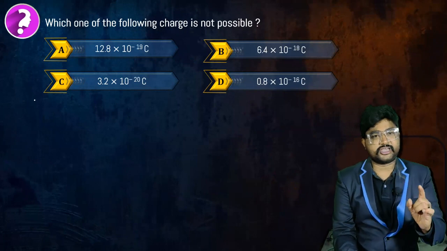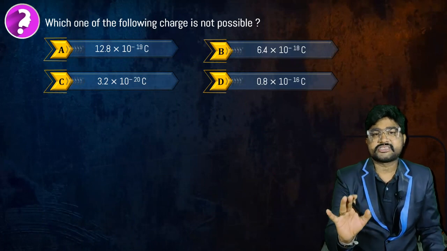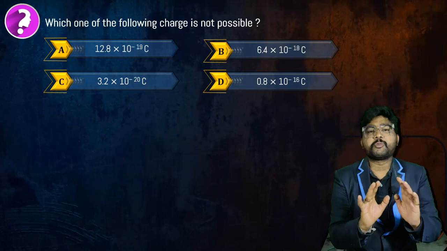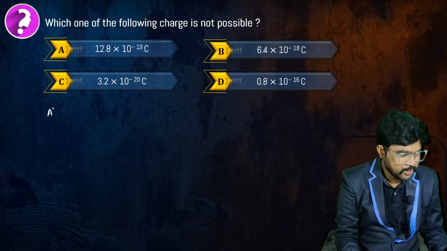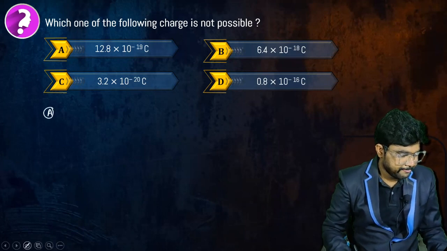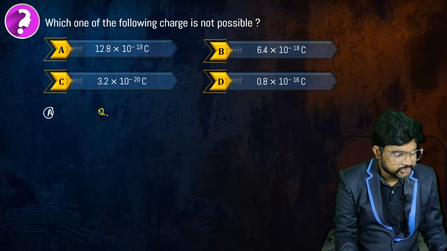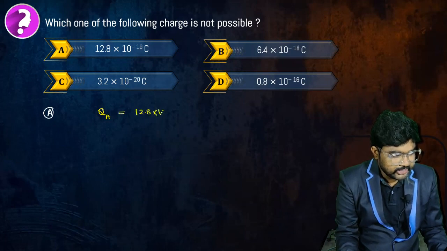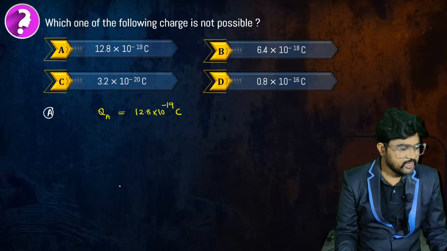So first we can check whether 12.8 into 10 to the power of minus 19 coulomb charge is possible or not. First check option A. What is given? Here Q_A equals 12.8 into 10 to the power of minus 19 coulomb. Whether this is possible or not, check it once.